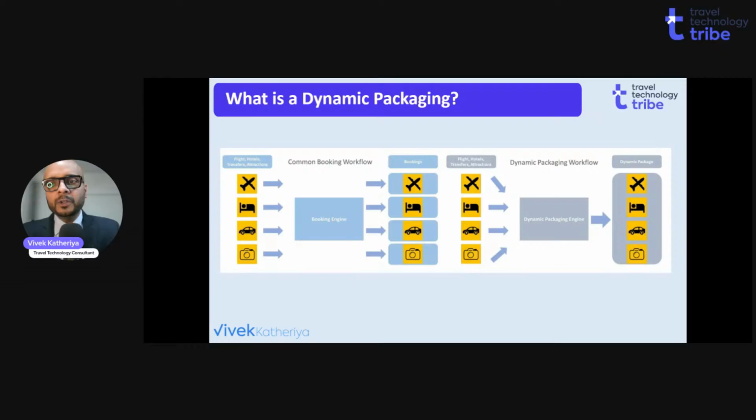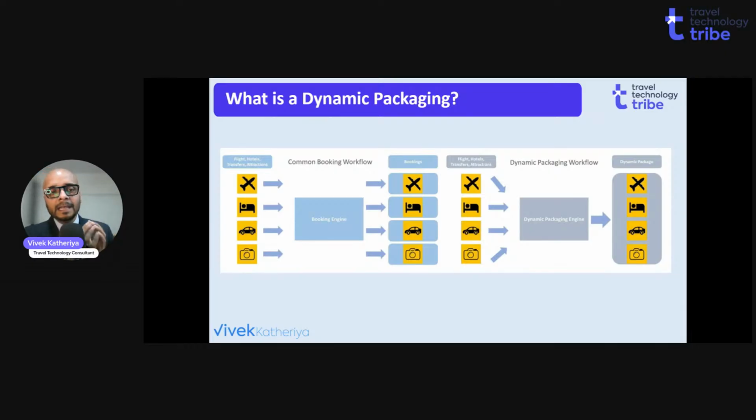Now, if I explain it slightly on the definition side, it is basically a method to make package holiday bookings, where you can create deals based on the components selected by customers. So let's say this is only a land product, land dynamic packaging, where hotel, sightseeing, and ground transport are part of it, or maybe it is a land and air product, where flight, hotel, car, sightseeing are also inclusive.